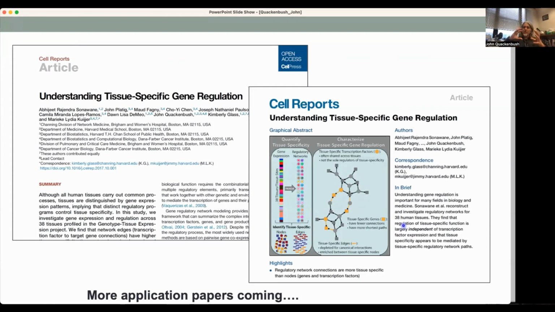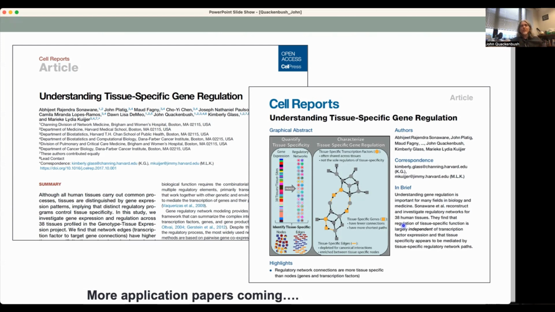What we saw was there are core regulators and regulatory processes that were more or less unchanged between different cell types. There was sort of an outer layer of stuff that was changing, but the really interesting and tissue-specific changes occurred sort of at a middle level, where transcription factors were adding or losing different genes they were regulating.